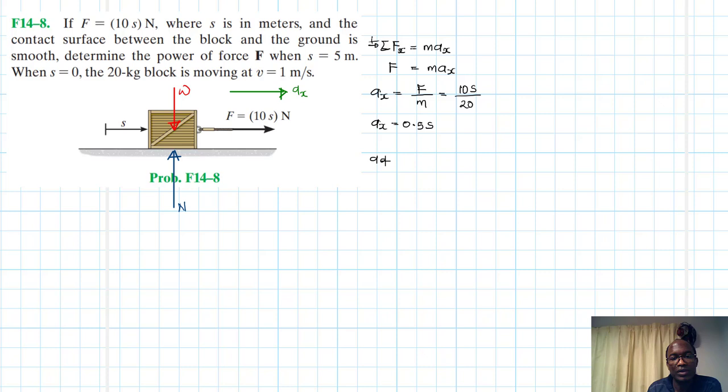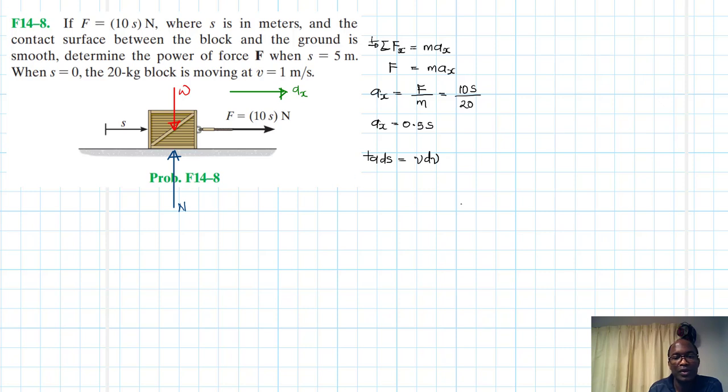Okay, now let's find the velocity. We can find the final velocity by using this equation. You know where this equation comes from: it comes from v = ds/dt and a = dv/dt, making dt the subject of the formula. Then we have that equation.